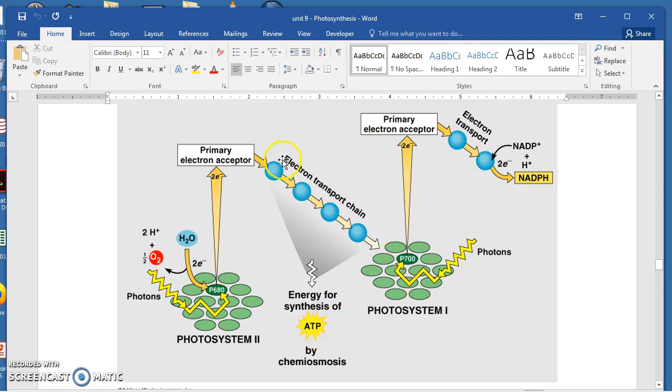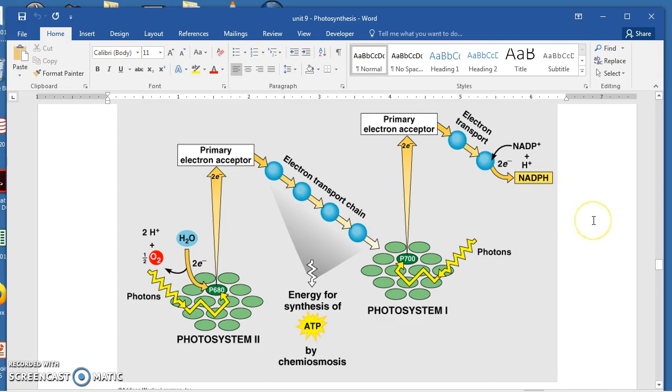That would be a cyclic electron pathway. In the cyclic pathway, only ATP is formed. In the non-cyclic pathway, both ATP and NADPH are formed.